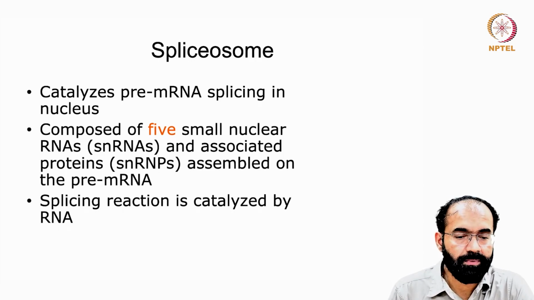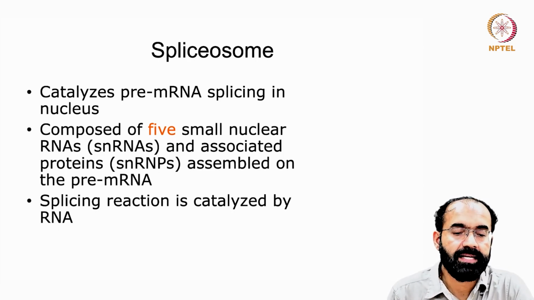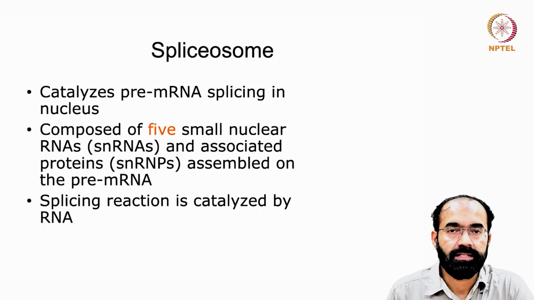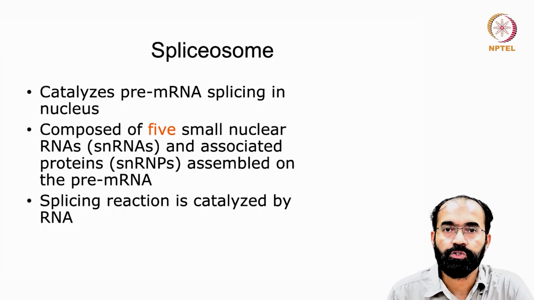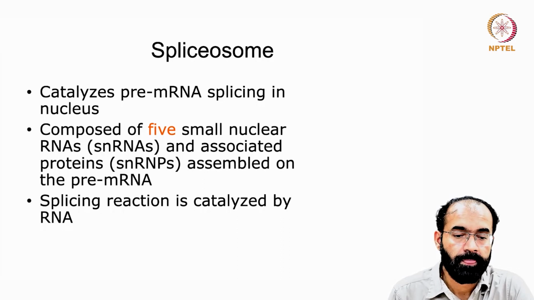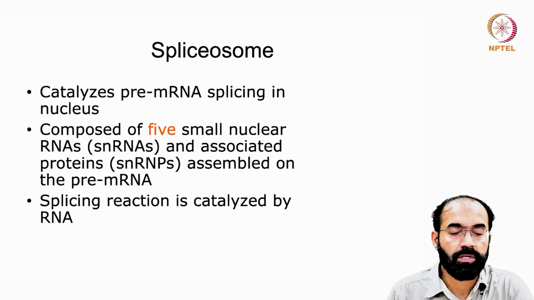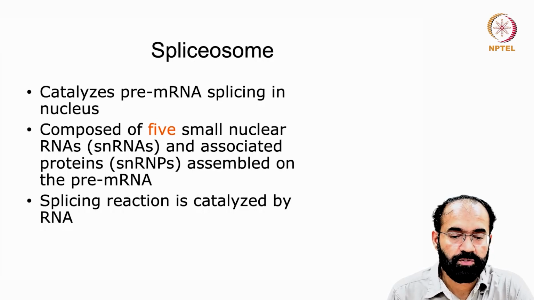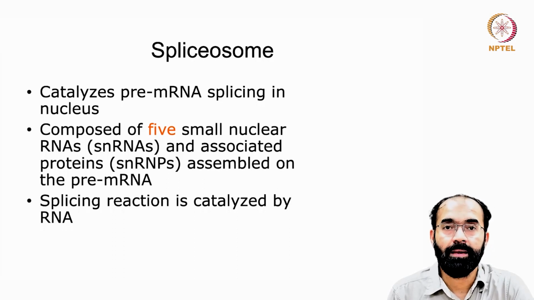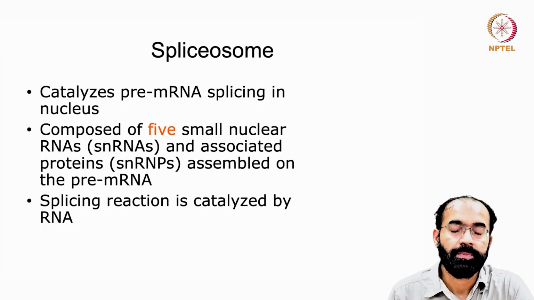Now the spliceosome in general has components that are both RNA and protein in nature. It catalyzes the pre-mRNA splicing usually taking place in the nucleus. It is composed of 5 small nuclear RNAs. We call them snRNA because they have a role in the formation of the spliceosome, and they have associated proteins, and the snRNAs are now referred to as snRNPs, and they assemble on the pre-mRNA in a stepwise manner.